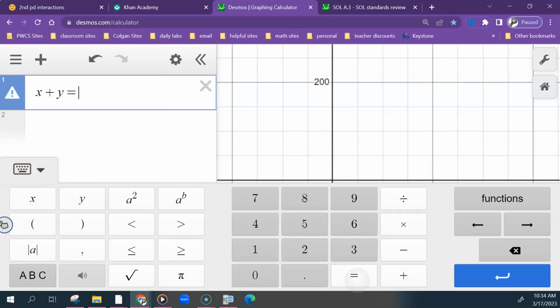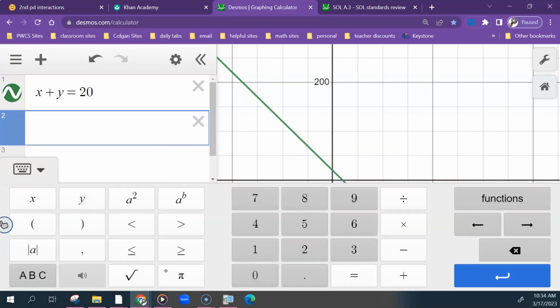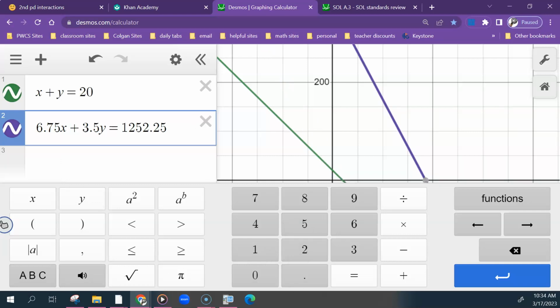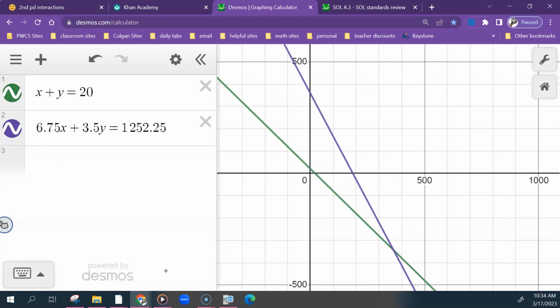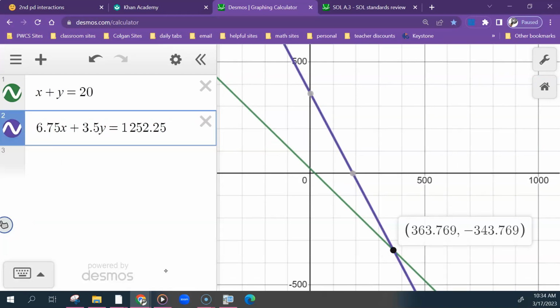y equals 20. And 675x plus 3.5y equals, what was that number? 1, 2, what was it? I know it was about 5. And then zoom out. That's not right. That is not right.